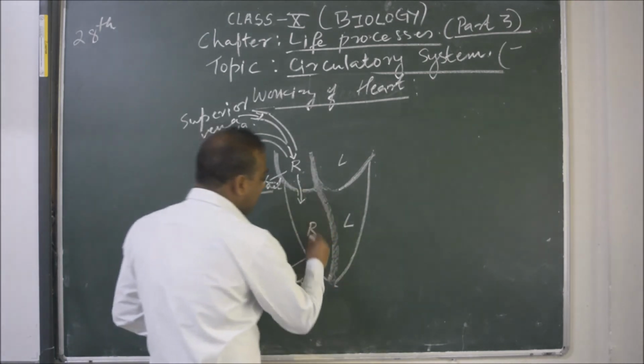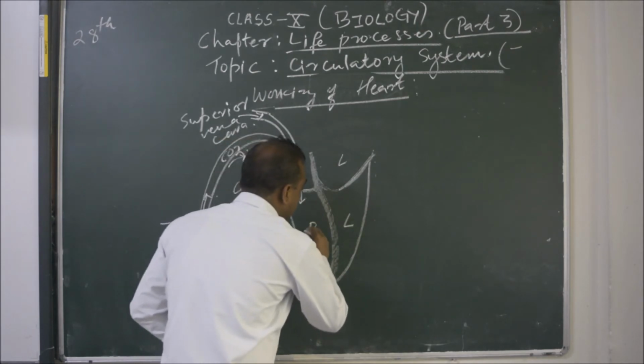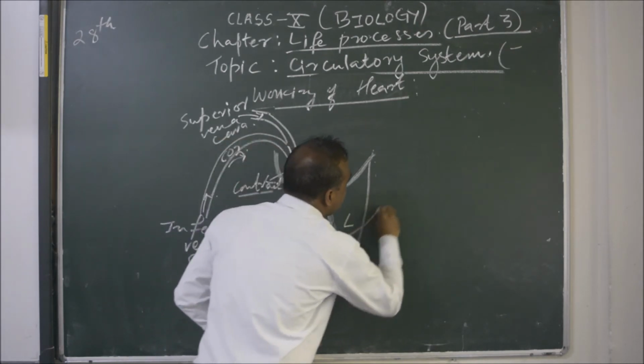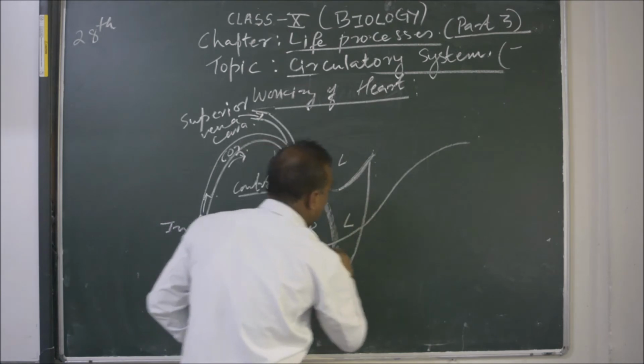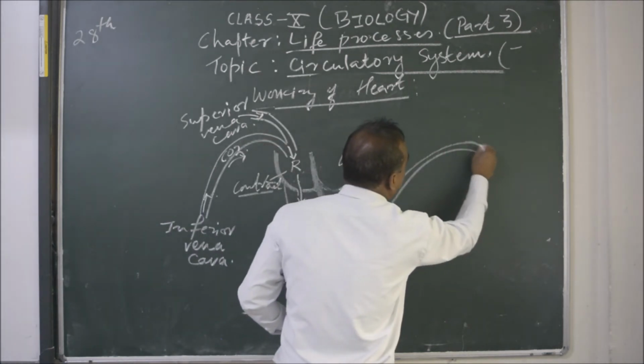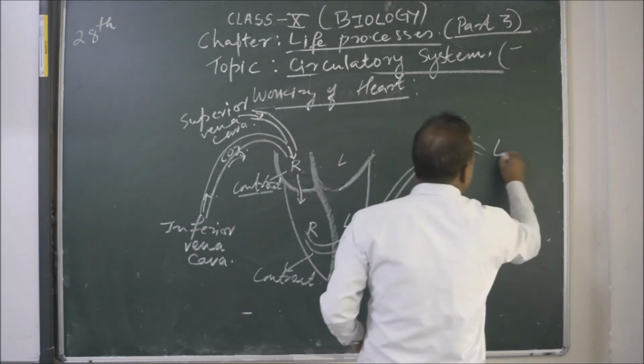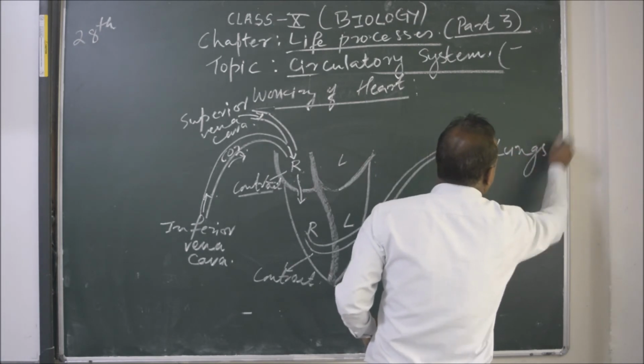After contraction, the blood from this right ventricle now flows towards the lungs.